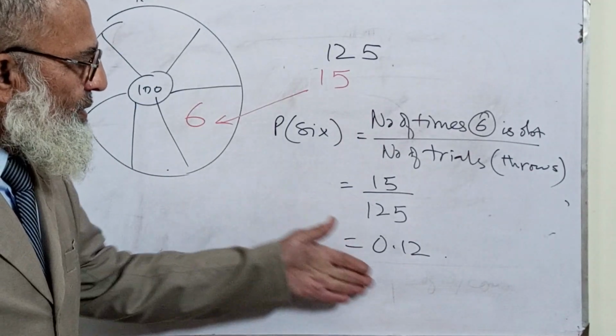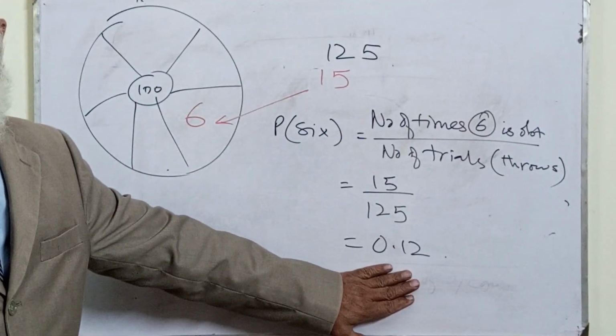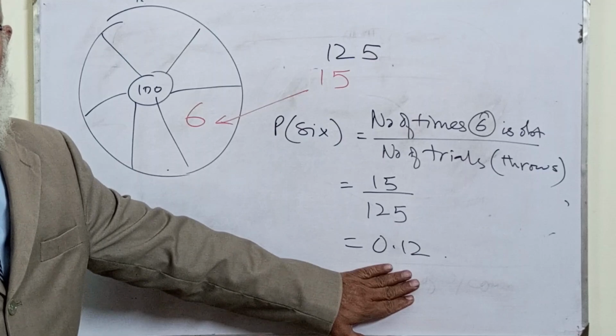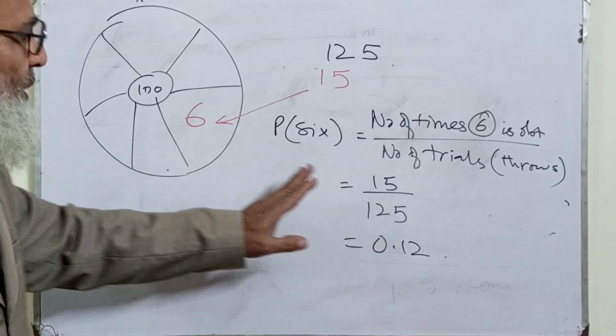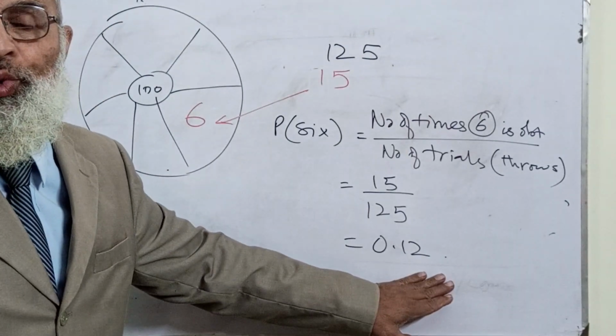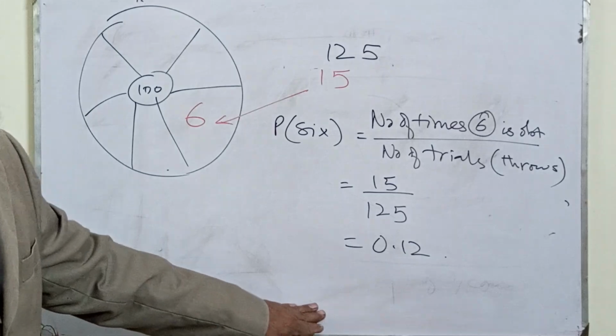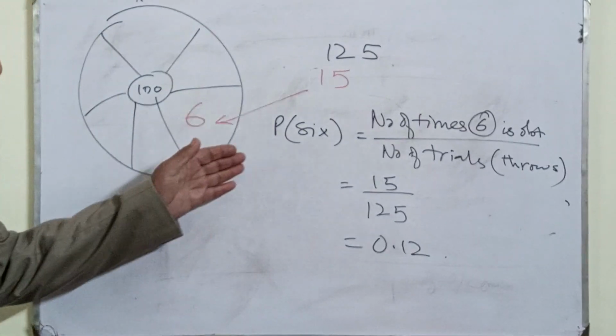Now what does this result show? That the probability of hitting the 6 is 0.12 or 12%. Okay.